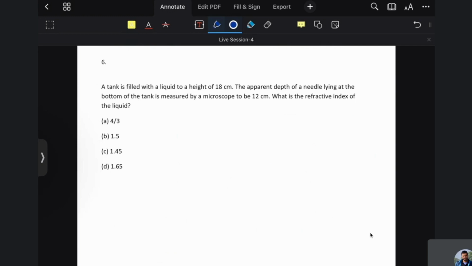A tank is filled with a liquid to a height of 18 centimeters. So suppose this is a tank, and this is 18 centimeter. Okay.